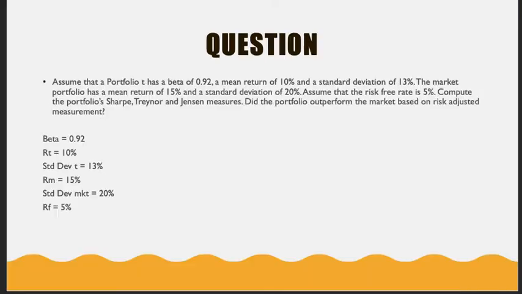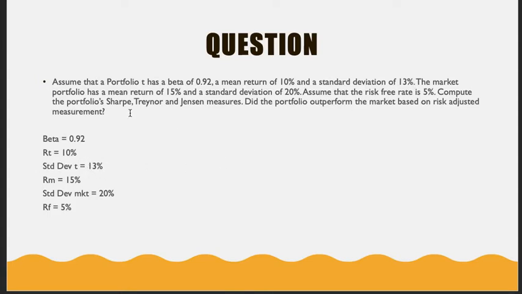Alright, so let's have a look at the question. Assume that portfolio T has a beta of 0.92, a mean return of 10%, so the expected return of portfolio T is 10%, and a standard deviation of 13%.